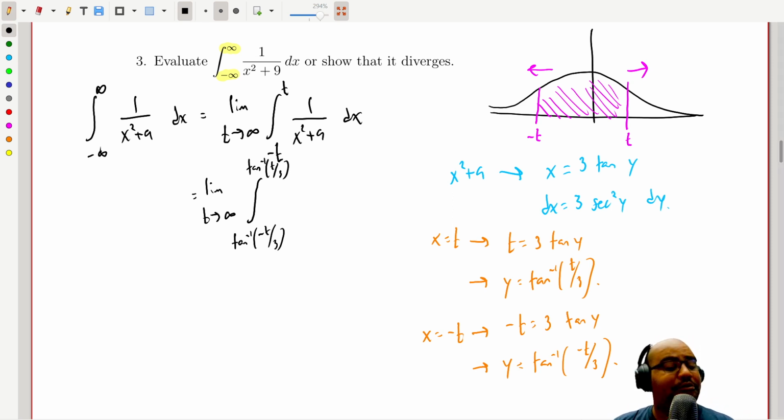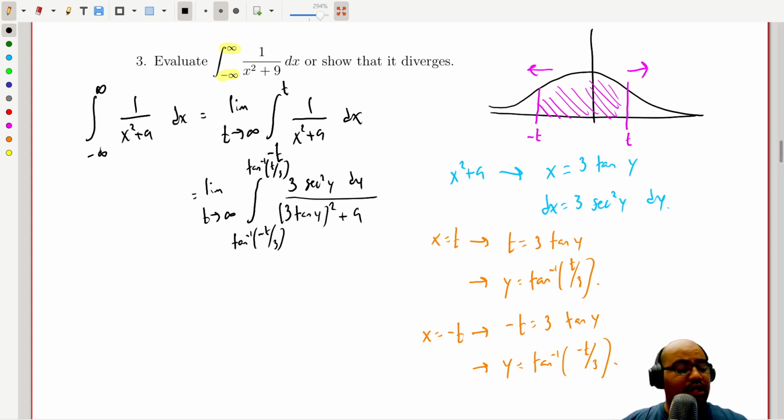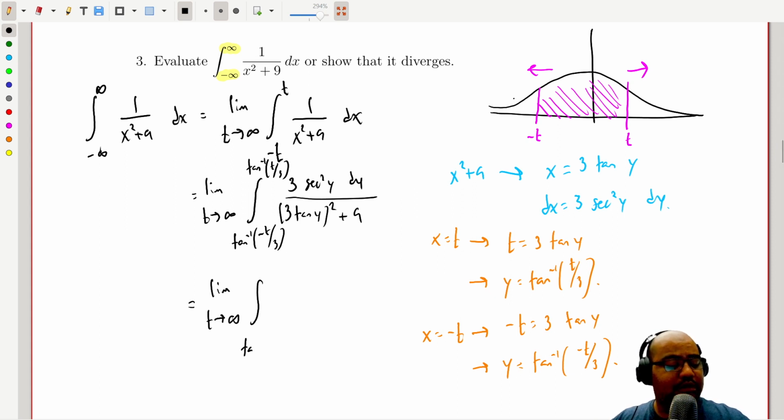It's getting a little cramped. dx here is just 3 secant squared y dy. On the bottom, we have 3 tangent y squared plus 9. I'll spare you the details here, but when we clean everything up, we'll have arctan of -t over 3 to tangent inverse of t over 3.